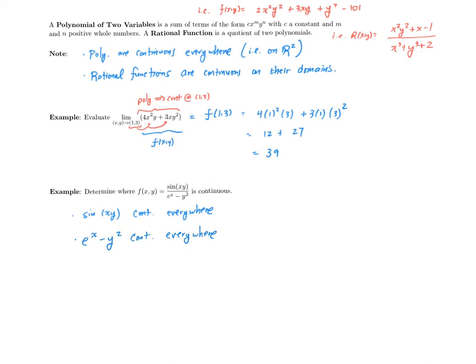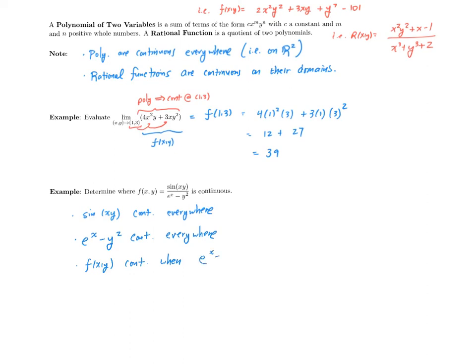So the only other thing that we need to worry about is combining these two quantities together. So f of x, y is continuous whenever the denominator is not 0. So once again, we're just staying inside that associated domain.